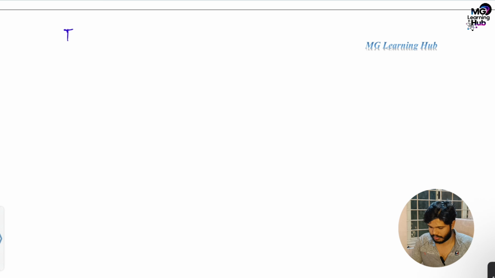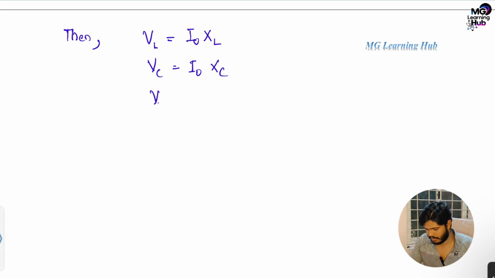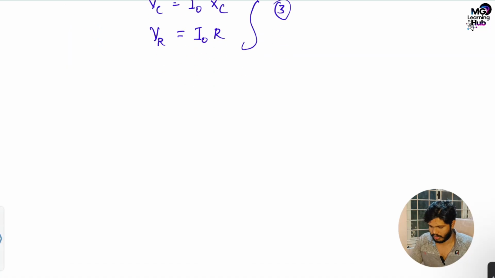Okay, then we can write that VL will be equal to I naught into XL ಆಗುತ್ತಾ, XL ಅಂದ್ರೆ ಏನಂತ ಹೇಳ್ತೀನಿ. VC will be equal to I naught into XC, and VR will be equal to I naught into R. Let us call this as equation number 3, where write down XL and XC.